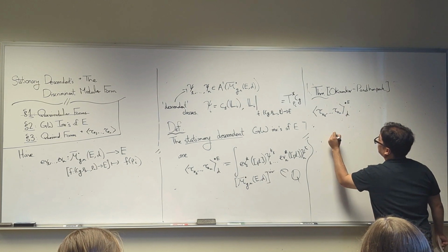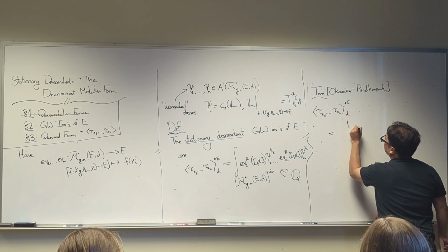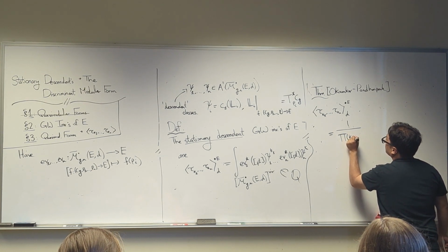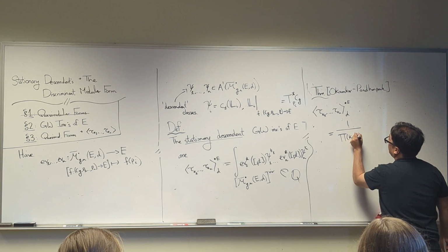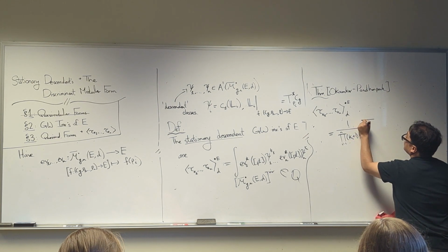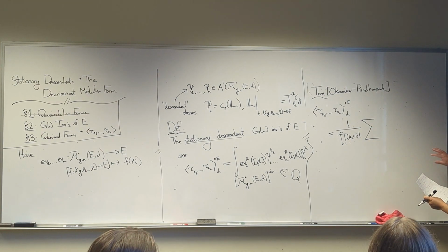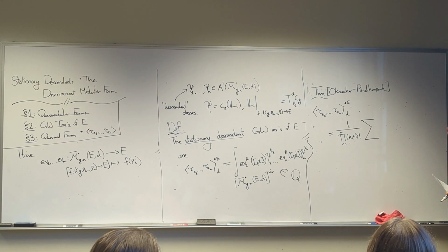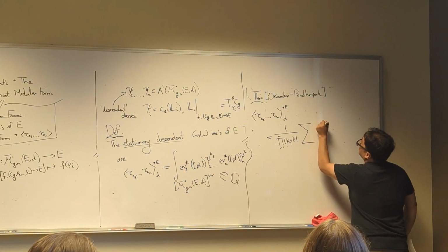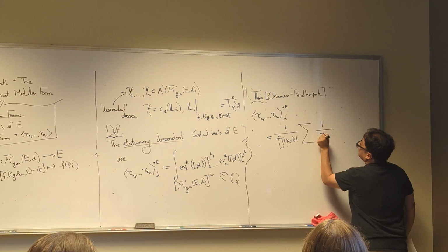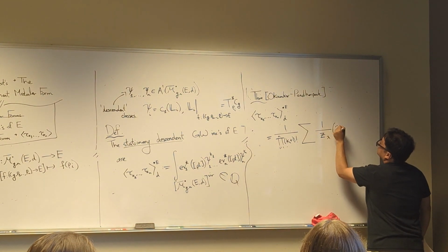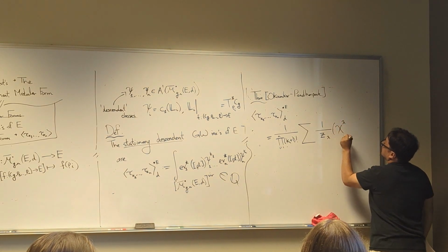It's 1 over the product of a bunch of factorials of the k_i's times the sum. For the grad students who haven't seen some representation theory, I'll explain everything in a second. Let me write this all down and then say a couple words about what I mean.